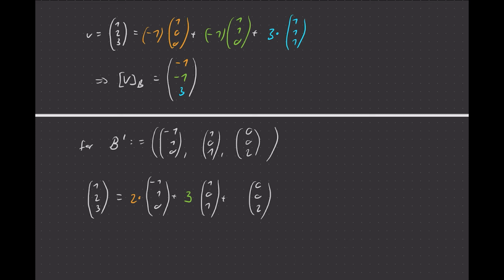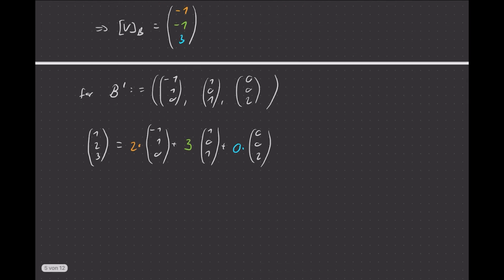And finally, let's take a look at the last row. We have 2 times 0, we have 3 times 1, that's 3, and something times 2, and we need that to be 3. Well, of course, we can just take a 0 here to get what we want. So that's the solution. And remember, the solution is unique because B prime is a basis.